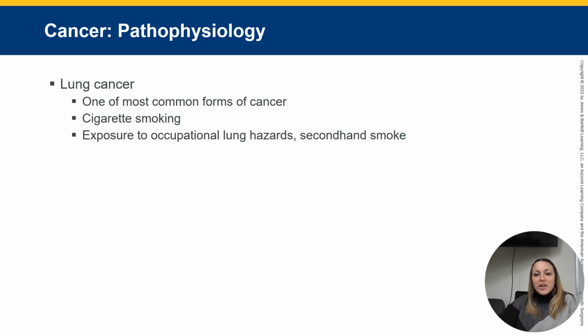There's a whole bunch of things now that they found are carcinogens that lead to lung cancer specifically. But smoking really contributes 80 to 90% of the new lung cancer cases. So keeping that in mind and discouraging smoking. Smoking is bad.